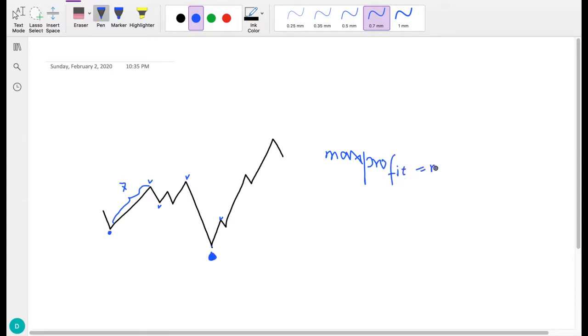We should compare it with itself, max profit and sell minus buy.